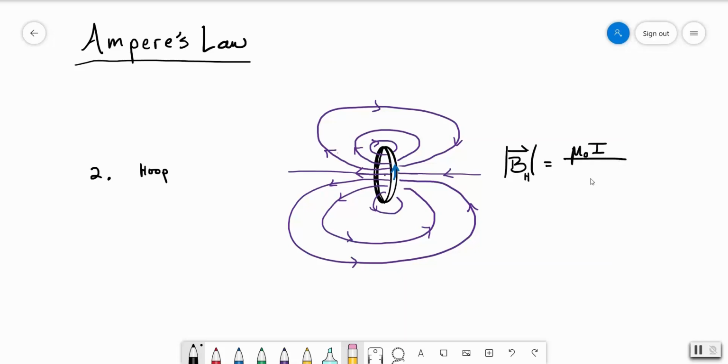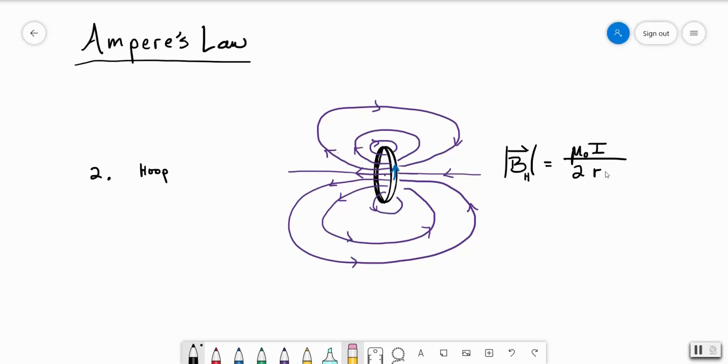That's how similar it is. Mu naught times the current through our hoop, or around our hoop, divided by 2R. The difference between this and our infinite wire equation is that there's no pi in the denominator. This is available on your equation sheet as well as the other.